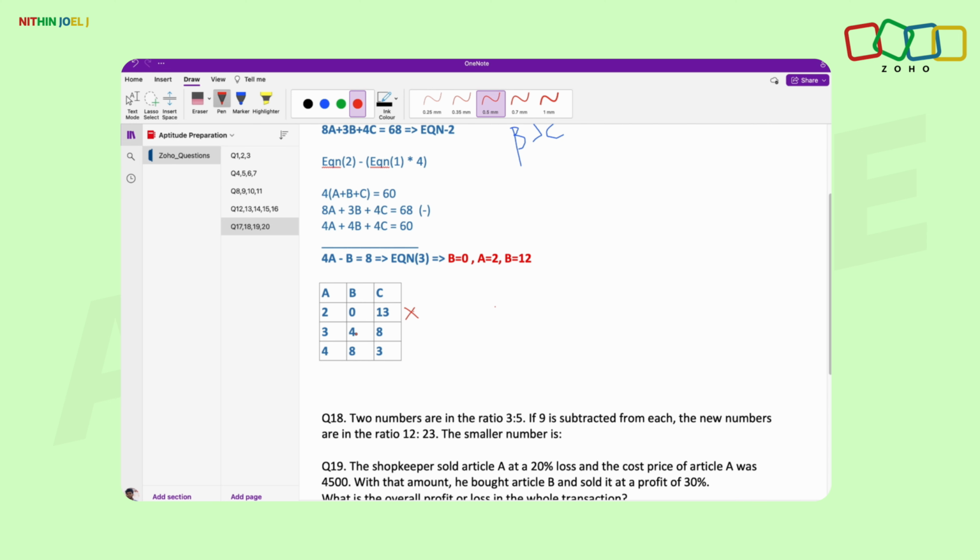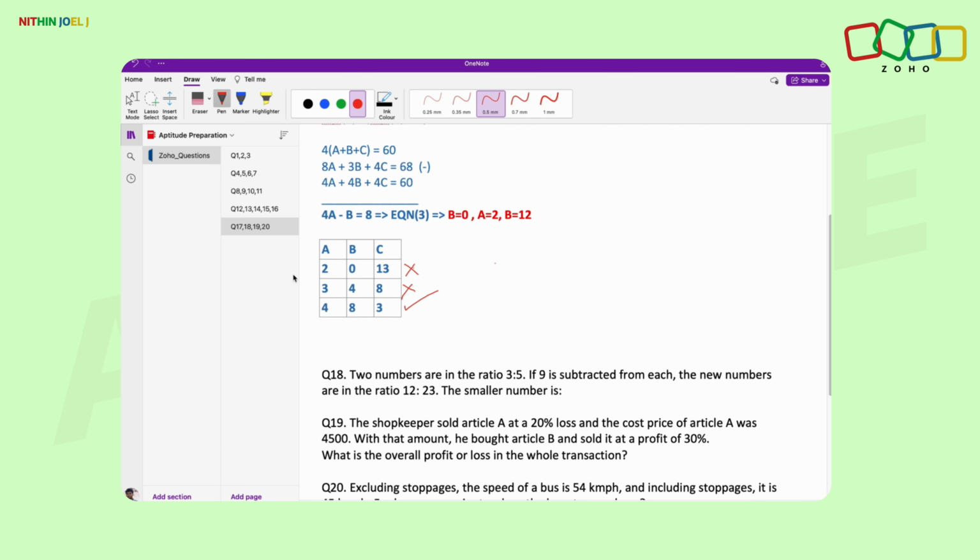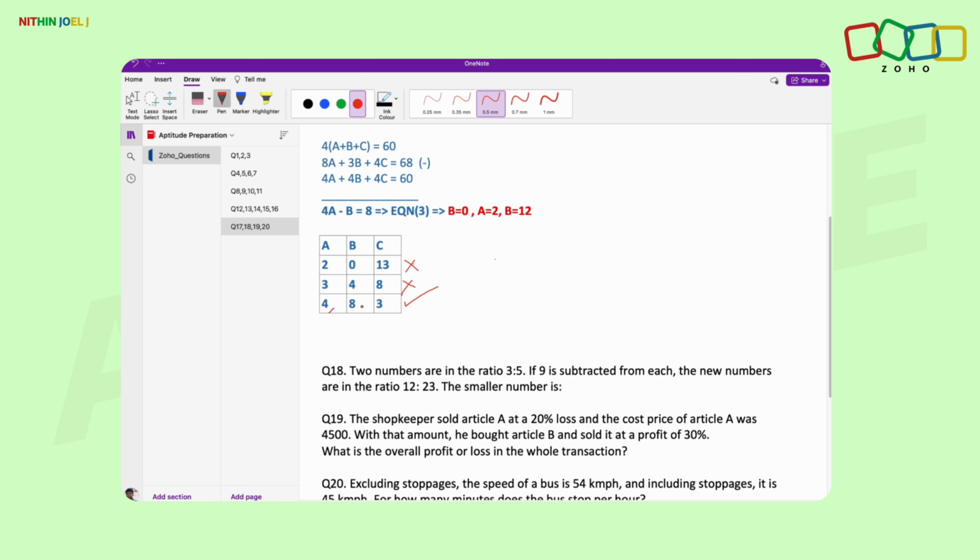Over here B is equal to 4 and C is equal to 8. Again C is greater, so this won't satisfy. In the third case, we have B is equal to 8 and C is equal to 3. So here B is greater than C, so we will take these values. So we have A is equal to 4, B is equal to 8 and C is equal to 3.